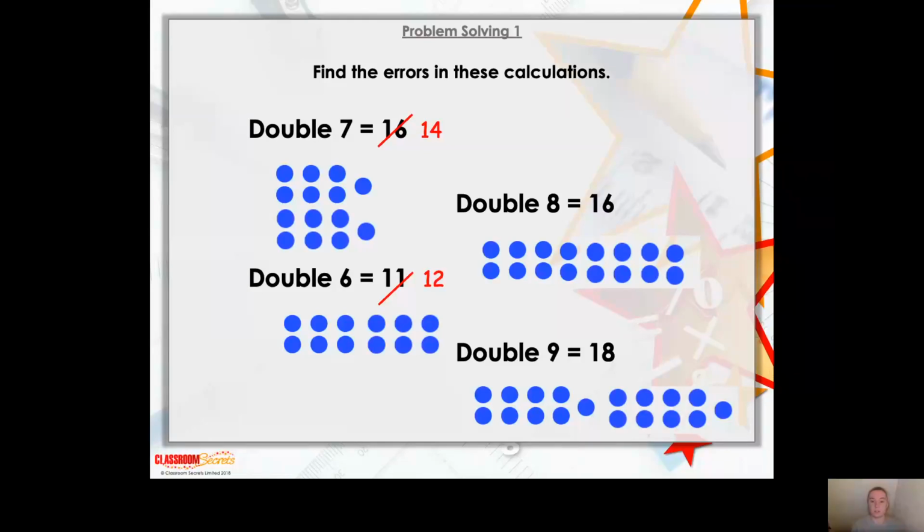The other question on that worksheet asks you whether each time you double a number, the answer will always be even. Now, you remember what even means, don't you? That's right. Okay, so when you finished your Resource 2 worksheet, have a go at Resource 3 worksheet if you'd like to give yourself a challenge.